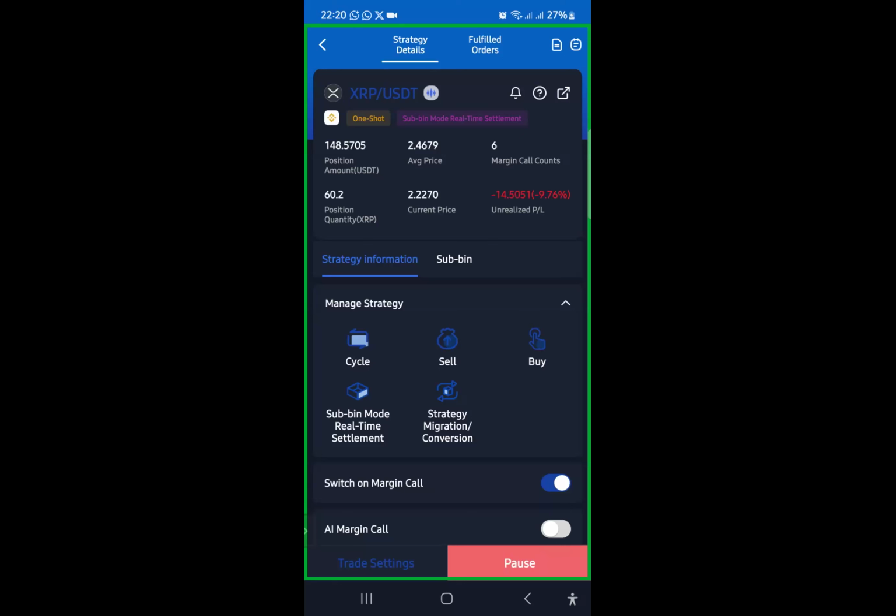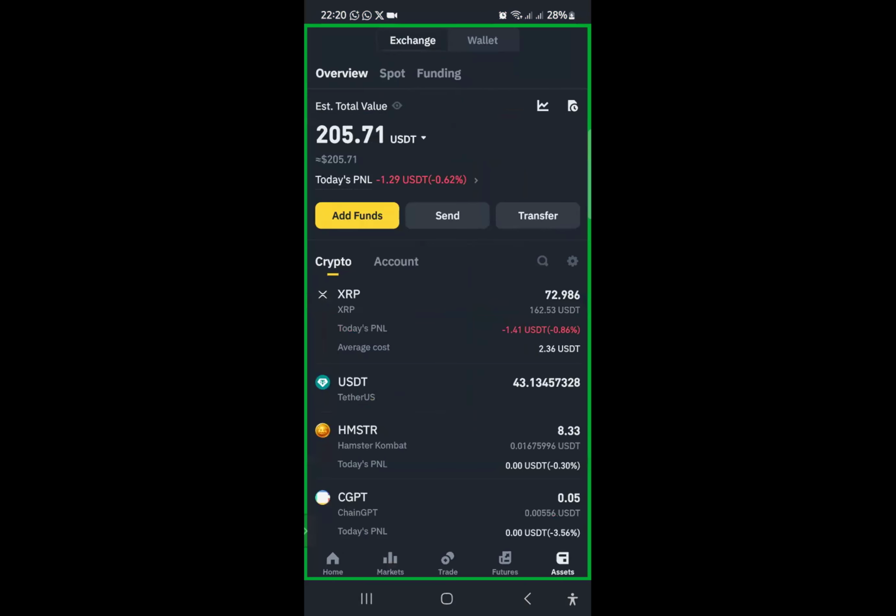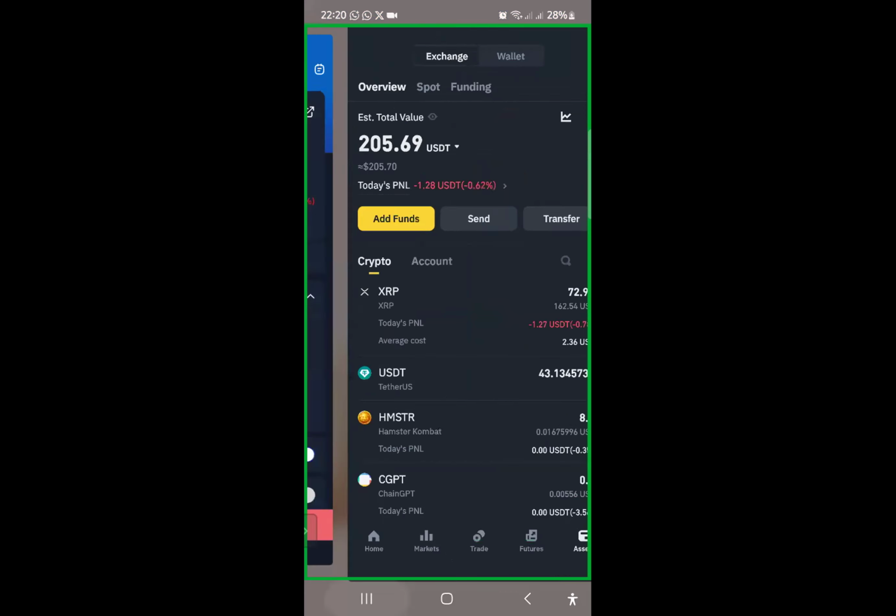So let's go there and take out that difference back into Binance USDT. But I think it would have been more advisable to do that when the market is up. So when you see that XRP is going up, then we do it. But let me show you how to do it in case I'm not available.